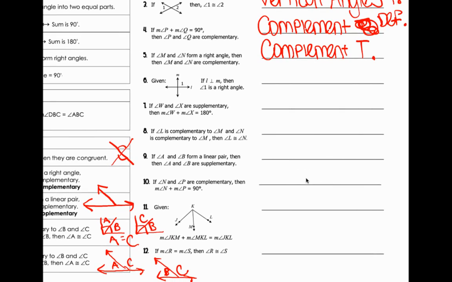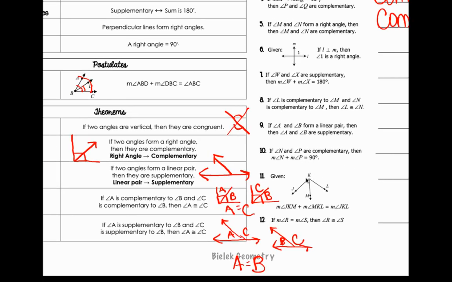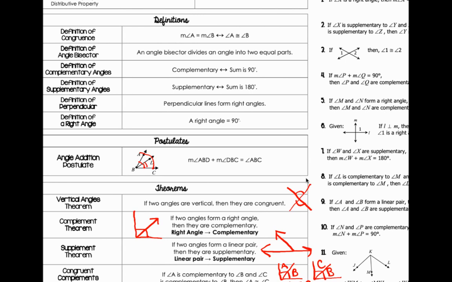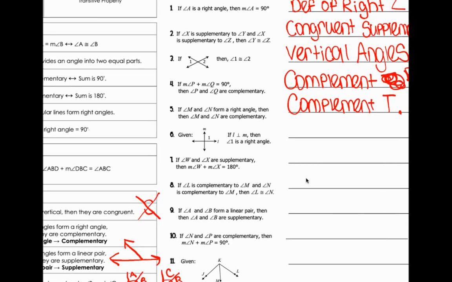Number 6, so it shows us a diagram. If L is perpendicular to M, then angle 1 is a right angle. So that's going to be our definition of perpendicular, because it says perpendicular lines form right angles.